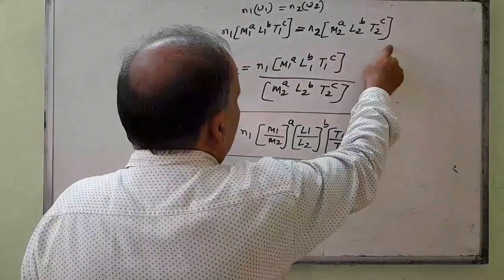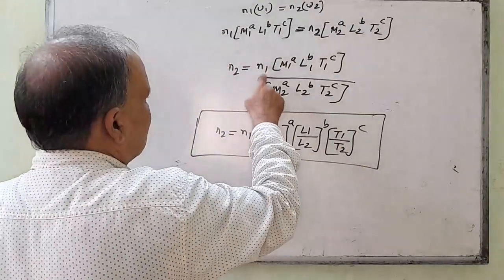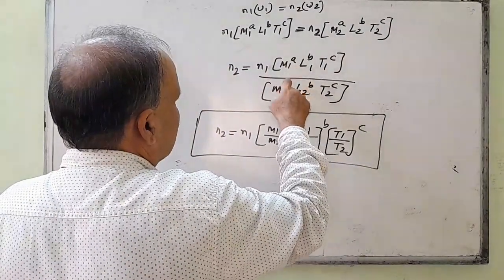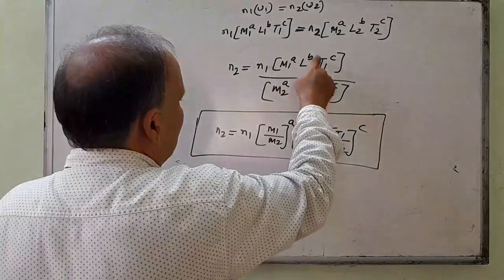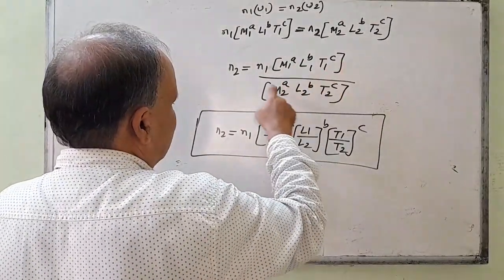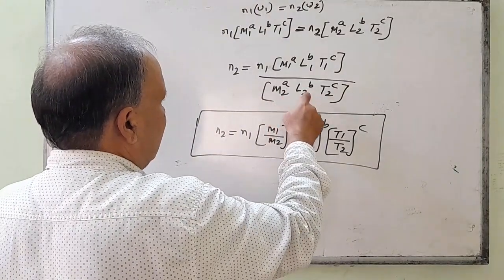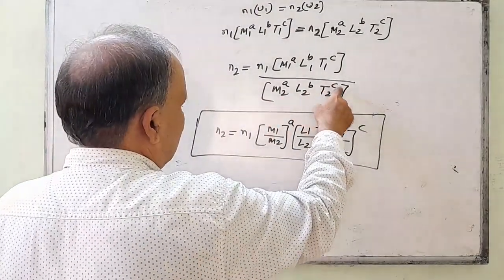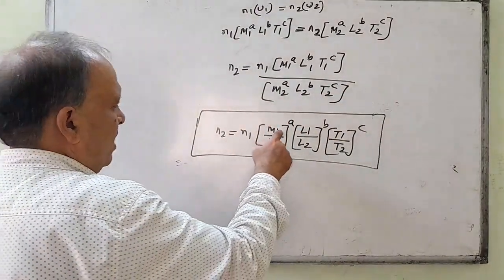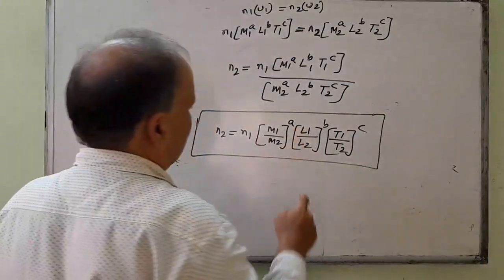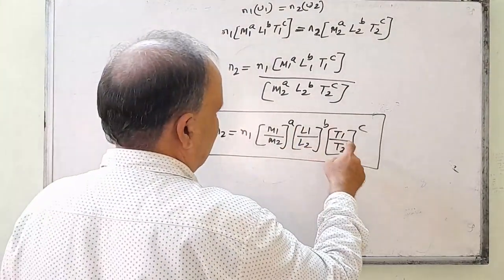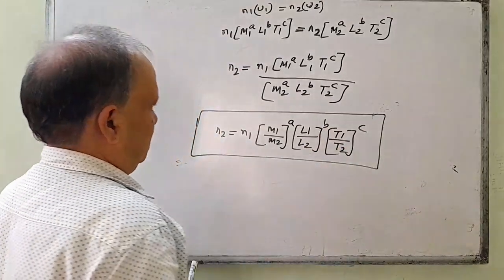So, n2 is equal to n1 into M1 to the power a, L1 to the power b, T1 to the power c by M2 to the power a, L2 to the power b, T2 to the power c, or n2 is equal to n1 (M1 by M2) whole to the power a, (L1 by L2) whole to the power b, (T1 by T2) whole to the power c.